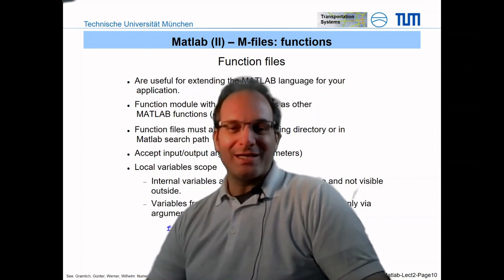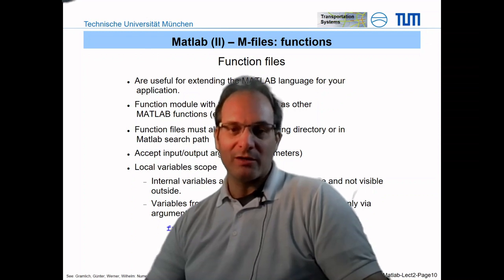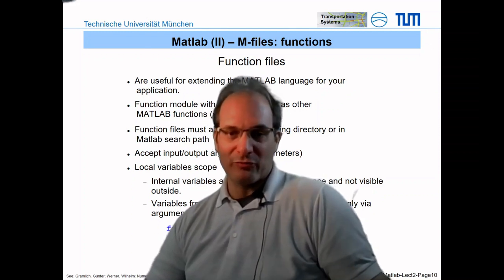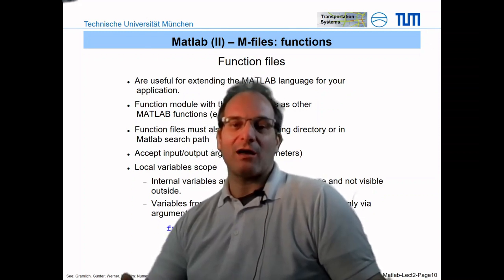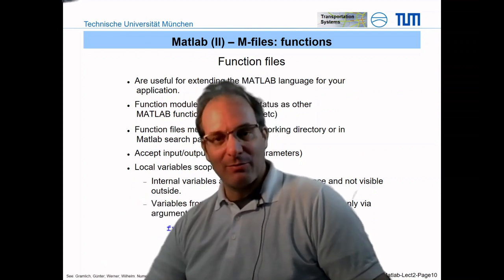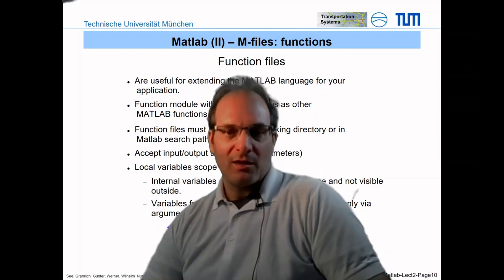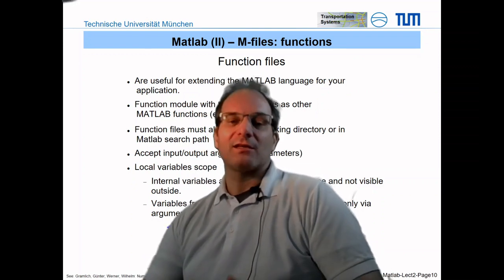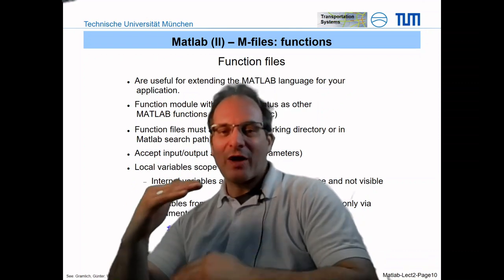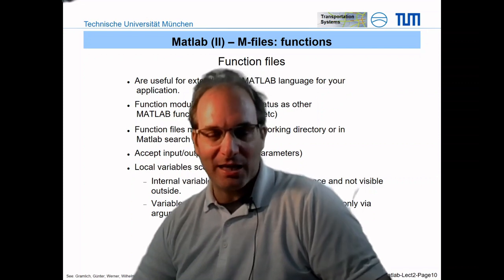So what you do is you use local memory. Do you remember? Scripts create global memory. Global memory means after the script stops, you will have this matrix available because it's in the workspace. You directly change this workspace. Local memory means you just create it as long as the function body is active, and then it's automatically cleaned up again.